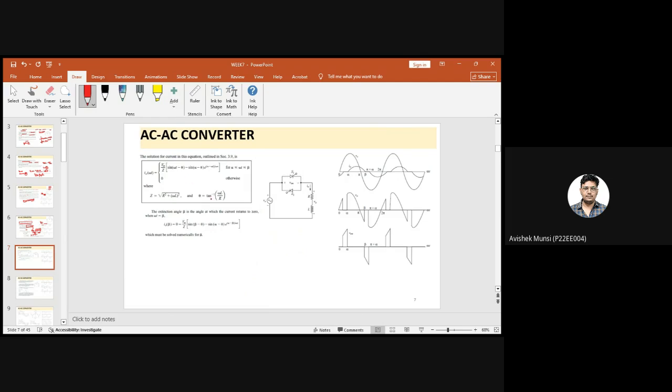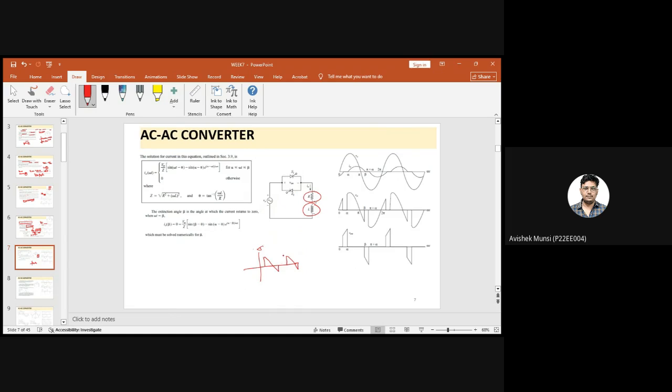Fine. Similarly, if we change from R load to RL load, then it can be seen that, as in the case of the half wave rectifier, for RL load, we remember that it will go like this, right?